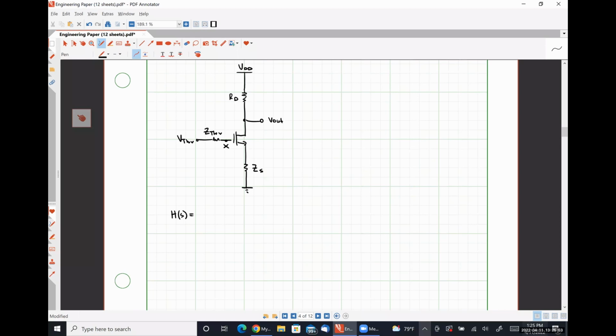Literally the exact same thing we were doing back in circuits 2 when I tried to teach you guys filters. We can split this up into 2 stages, much like we did in 335. This is V out over Vx multiplied by Vx over Vn.